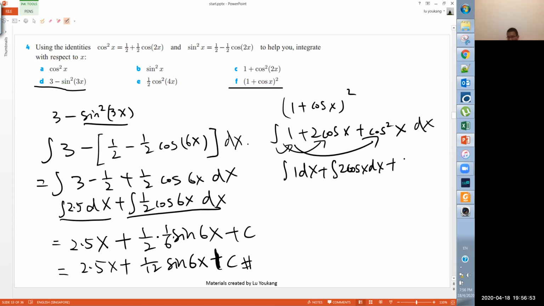The third one, you need to make use of the identity here. Okay, so that's the technique to solve this for F. Okay, so shall we move on? Yeah. Okay, good.